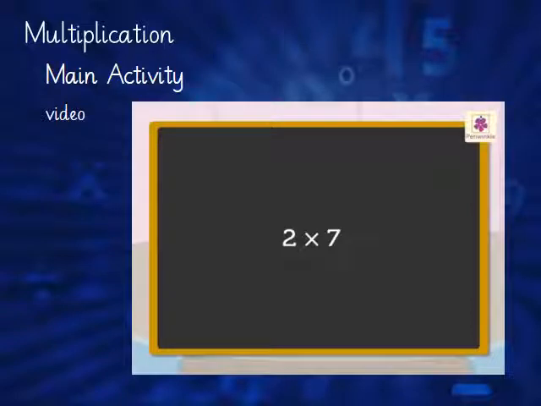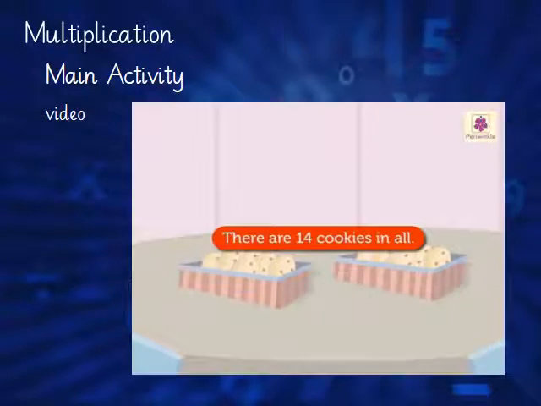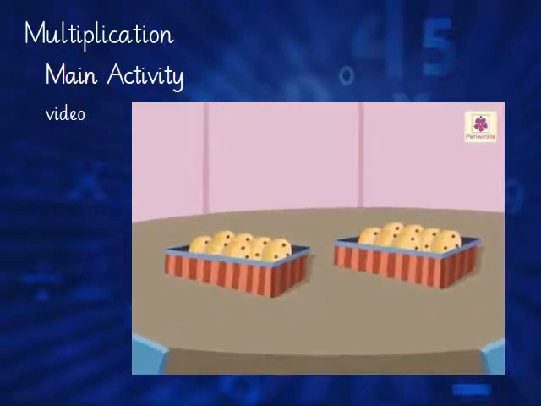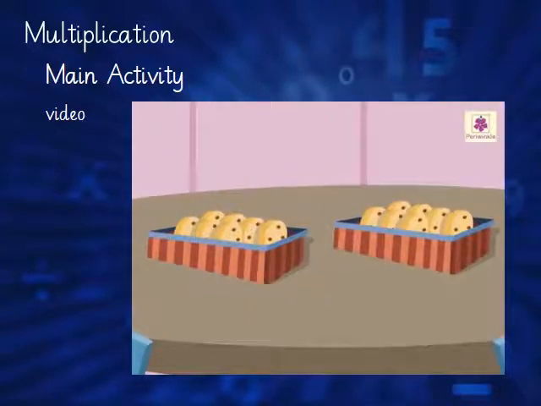We know that 2 into 7 is equal to 14, as we have already studied the table of 7. Look, we found the answer. In all, we have 14 cookies. Let's have these yummy cookies.